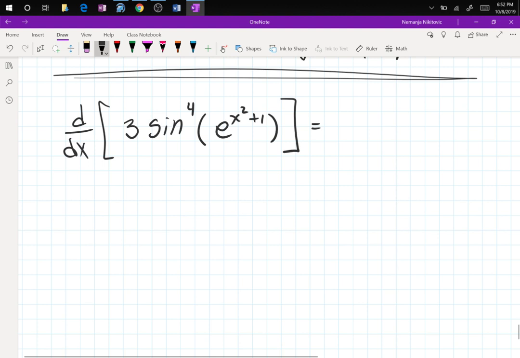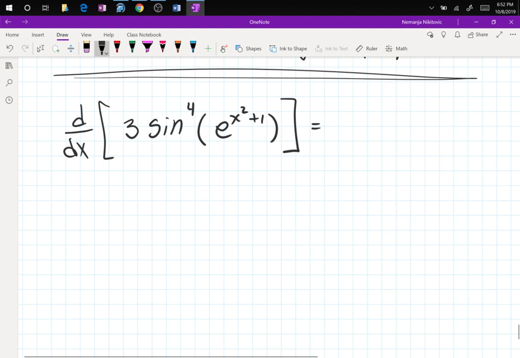How many functions do we have? Let's say four. And then that 3 gets kicked out as a constant. We don't have to worry about it.